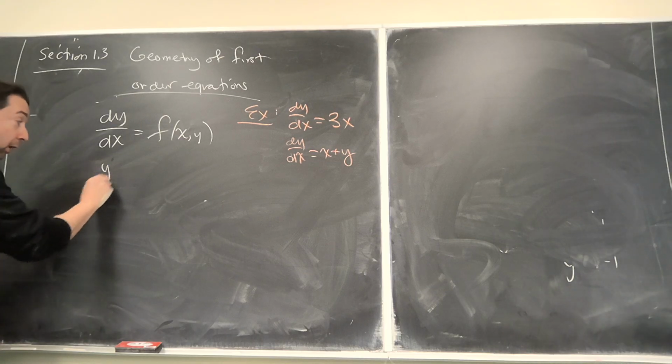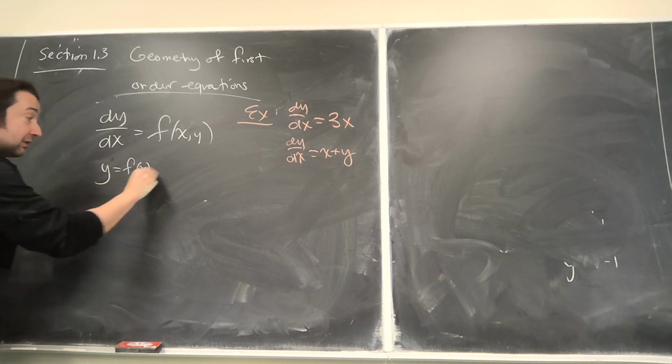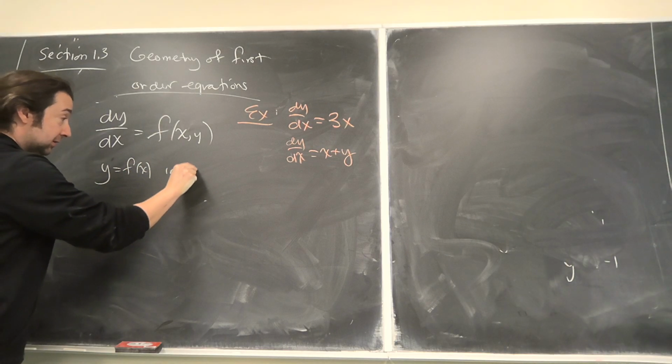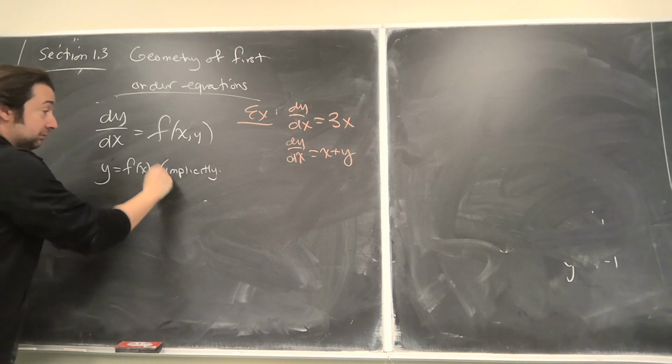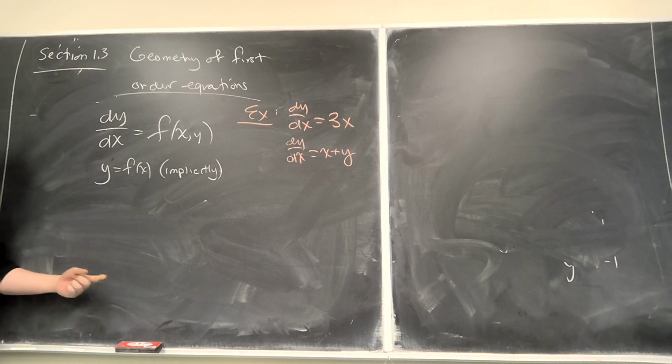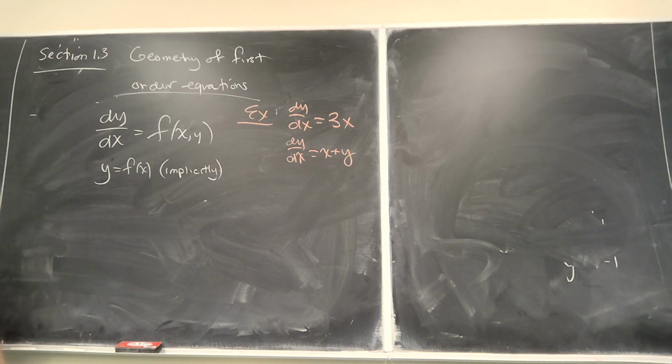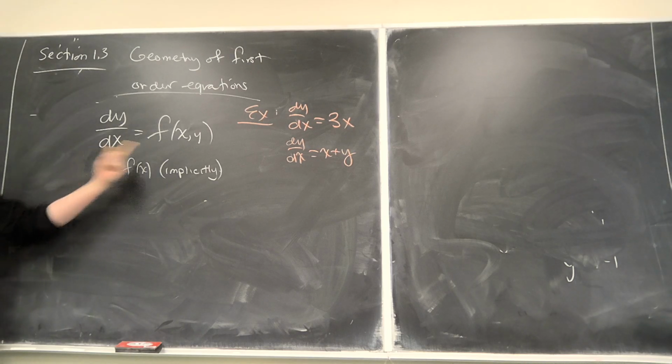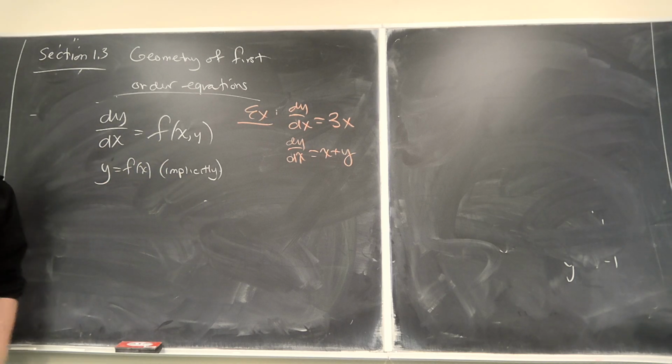So if y is a function of x, implicitly, maybe back in the day when you learned implicit differentiation, you weren't sure why you learned it. This is what implicit derivatives are for. Implicit derivatives are going to give us a way of studying the slopes of functions, even if I don't know what the functions are.